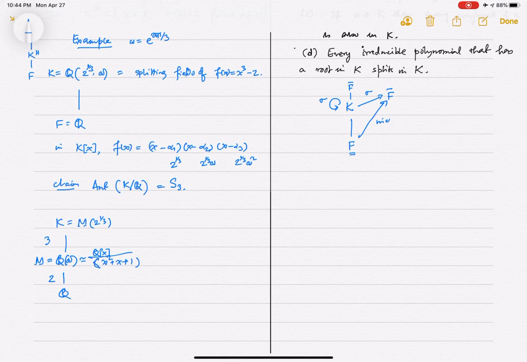So the claim is, if you look at x cubed minus 2, it's still irreducible in M[x]. Because if it was not, then it would have a root. It's a cubic, so if it was not irreducible, it would have a root in M. But that would mean that when you add that root, you already get a degree 3 extension. But this is only degree 2. So it has to stay irreducible. So prove this claim. This I'll leave as an exercise. I just said it orally.